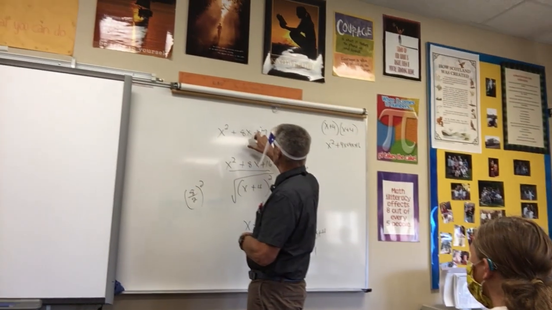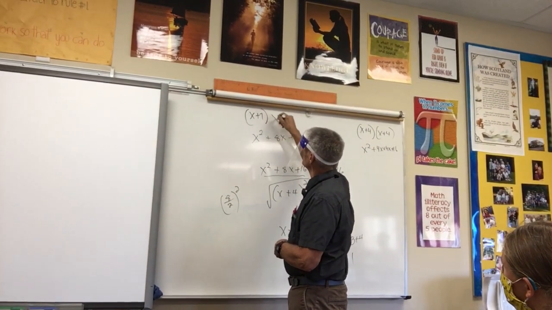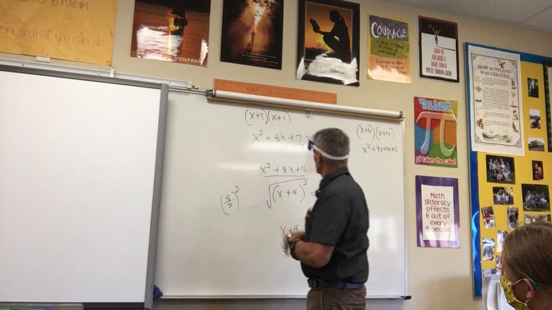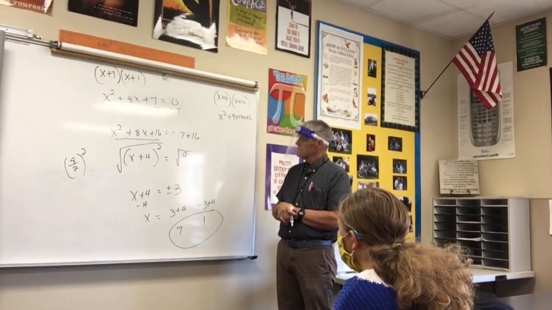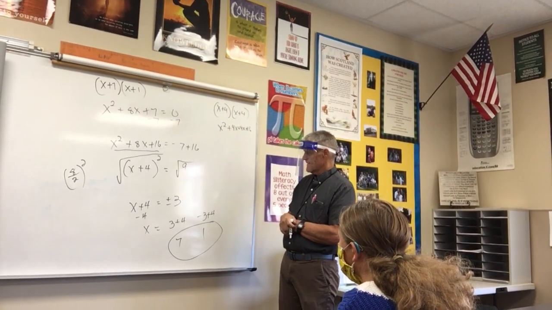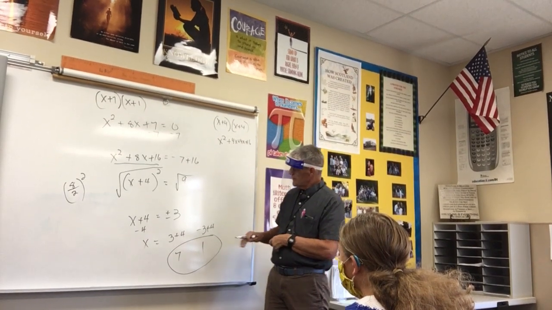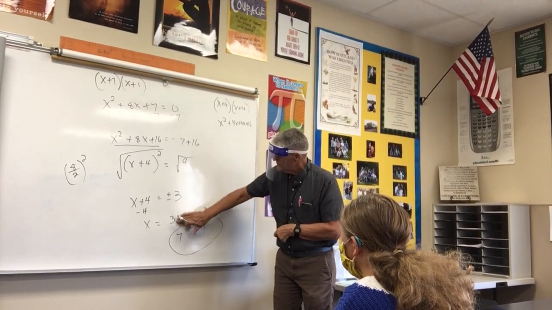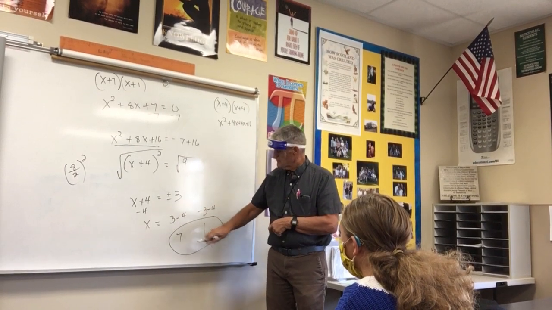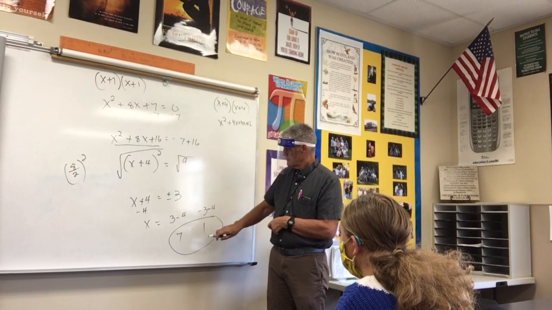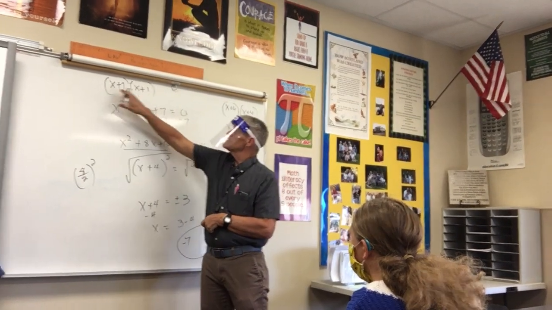What two numbers multiply to 7 and add up to 8? I did that wrong, didn't I? This should be minus 4. Okay, so -7 and -1, which is the solution to this, -7 and -1.